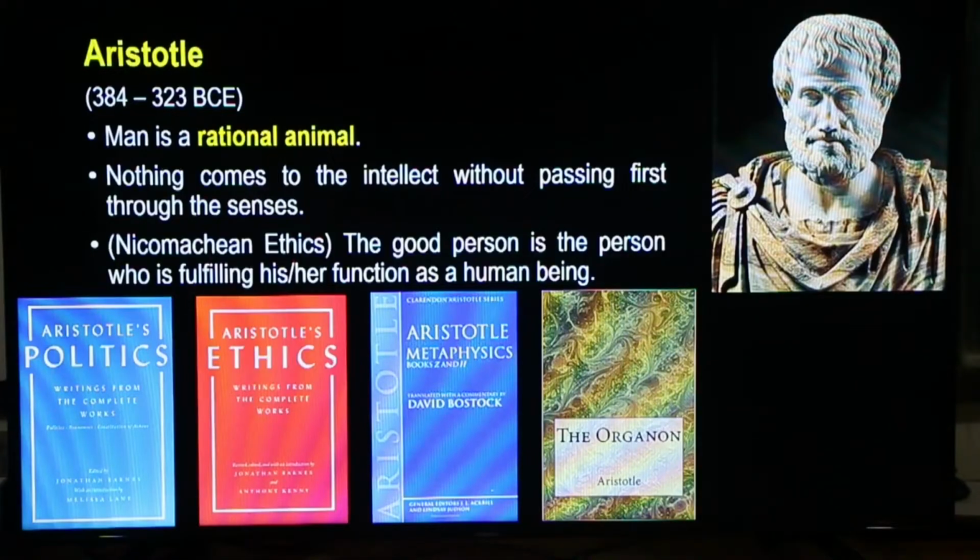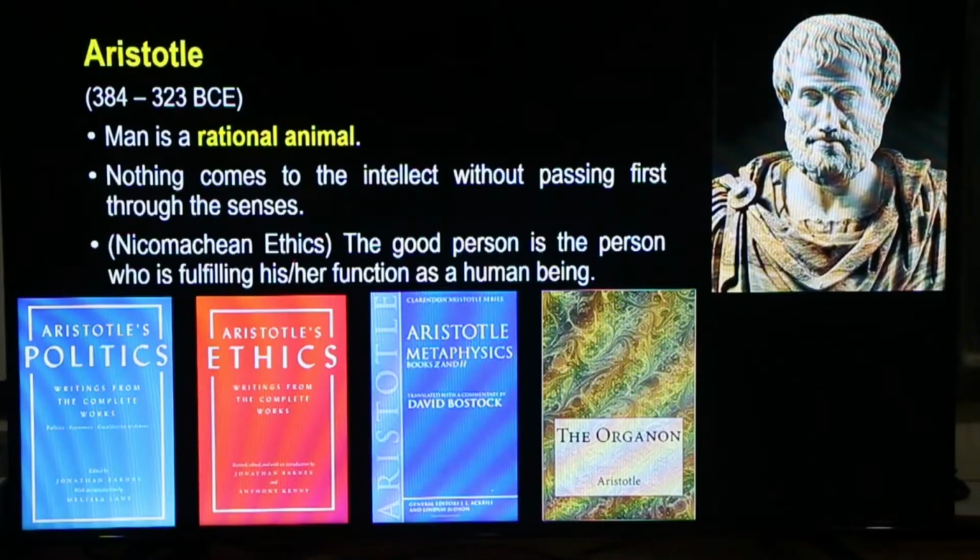The last philosopher I have included here is Aristotle. I think he's most famous for his idea which states that man is a rational animal. And he believes that nothing comes to the intellect without passing first through the senses.